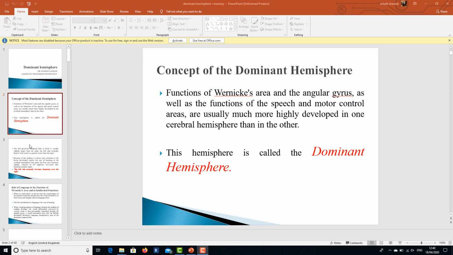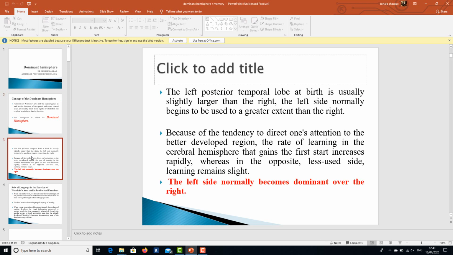Now, the left posterior temporal lobe at birth is usually slightly larger in comparison to the right temporal lobe. The left side normally begins to be used to a greater extent than the right one.